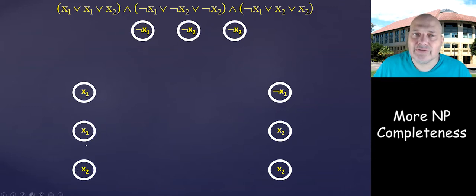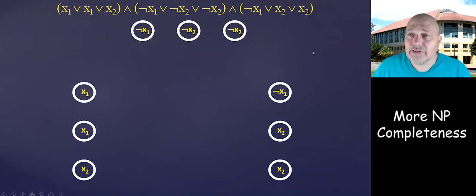And each one of these vertices corresponds to some literal. So here you have x1 or x1 or x2, therefore you have the literals x1, x1, x2. This is not x1, not x2, not x2. You have not x1, not x2, not x2. Again, I know that it is ridiculous to have these repeating literals, but that's a simpler example.